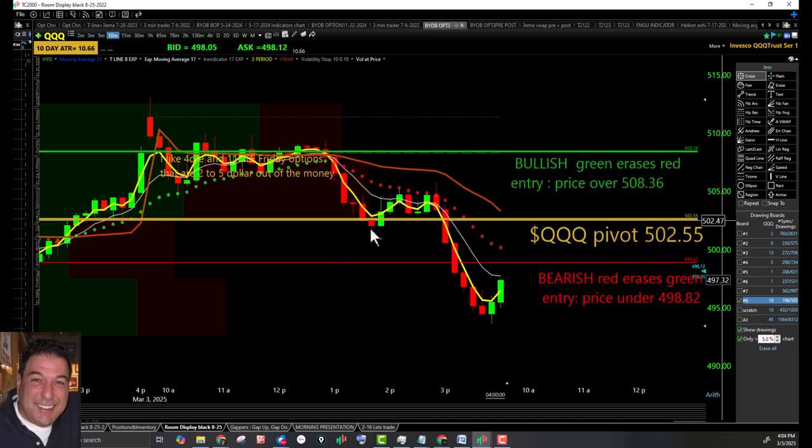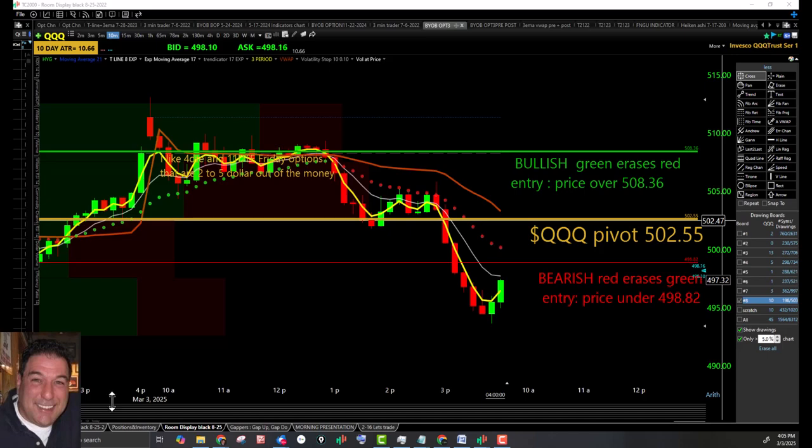All right, QQQ, you had a red erases green right here, almost the same place as SPY. Red erases green, there's your entry candle. Or you could have played the game plan, which starts with a breakdown right there at 498.82, and you had a nice three to four candle drop right into these lows here. So QQQ game plan worked.